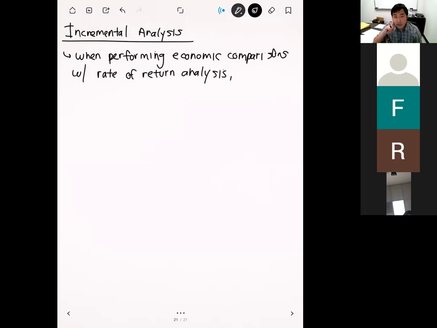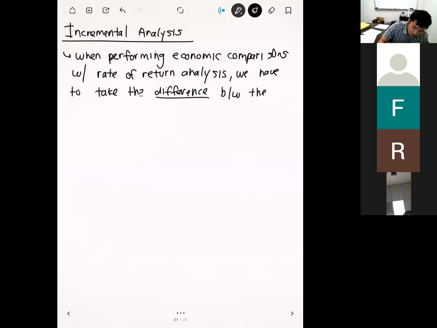And so when performing the comparisons, what we have to do is take the difference between them. Right, and then what you do is compute the rate of return of that difference.